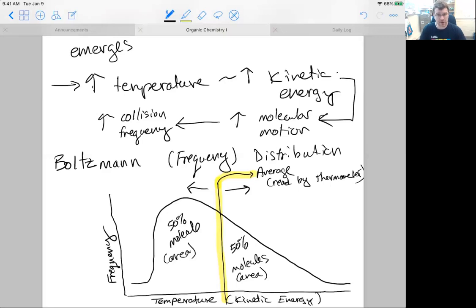This is read by the thermometer, okay? So our average is that point where 50% is to the left and 50% is to the right. What makes this a little bit awkward is the distribution is skewed. So the shapes on either side don't look the same, but we have a longer tail to the right. And so that's how we get an equal area on that right side, is that the tail is so long.